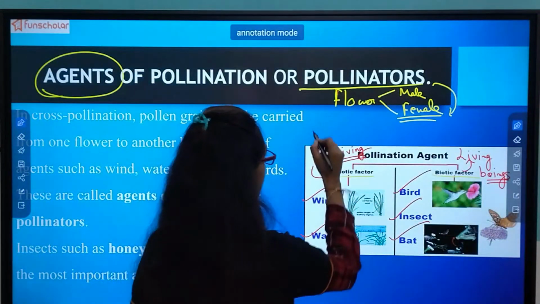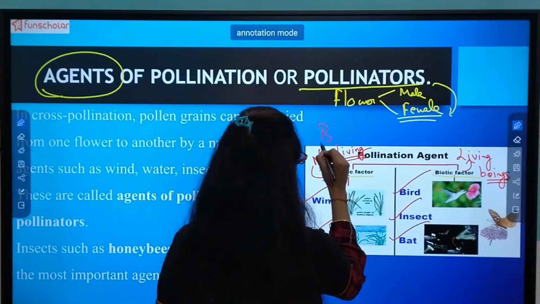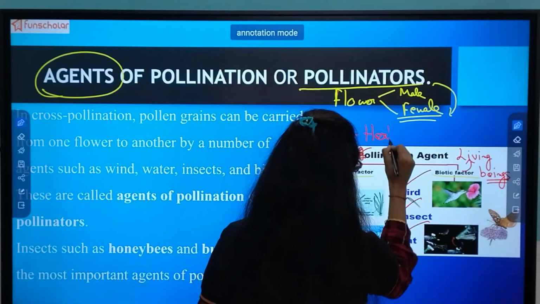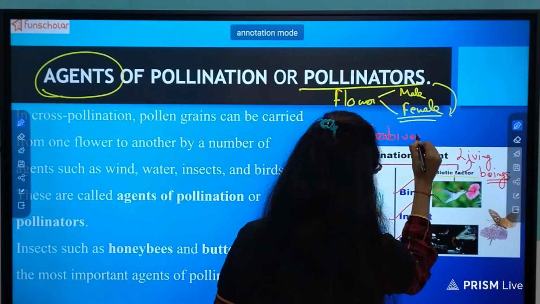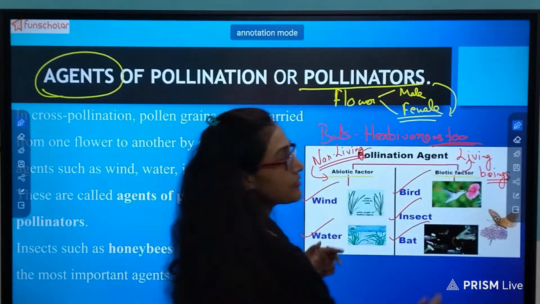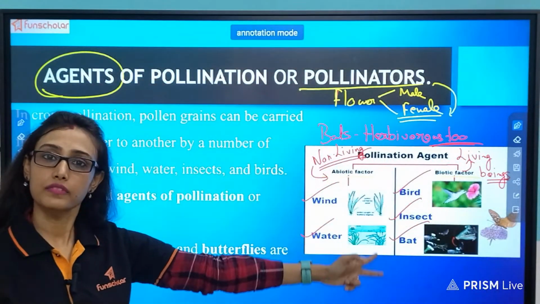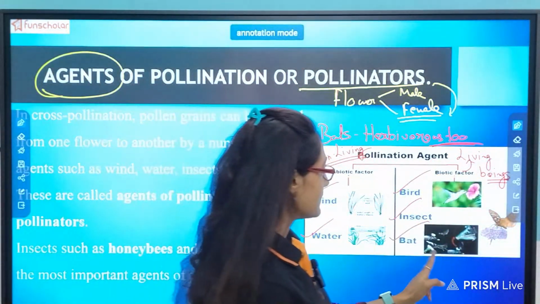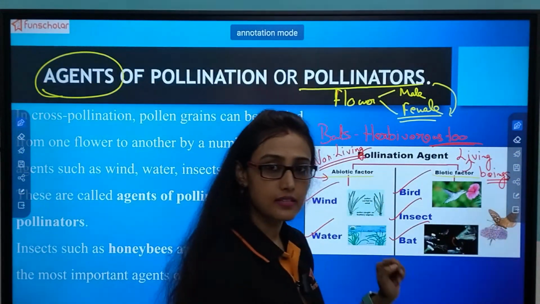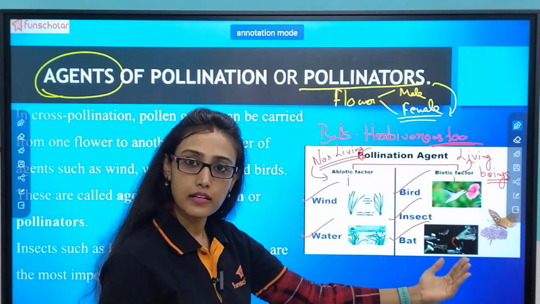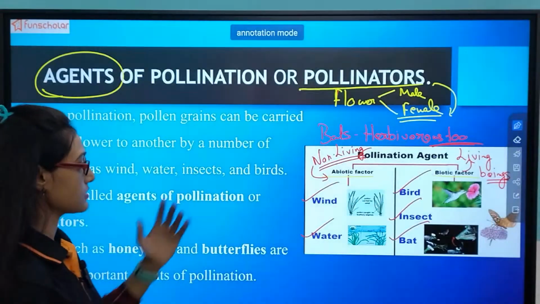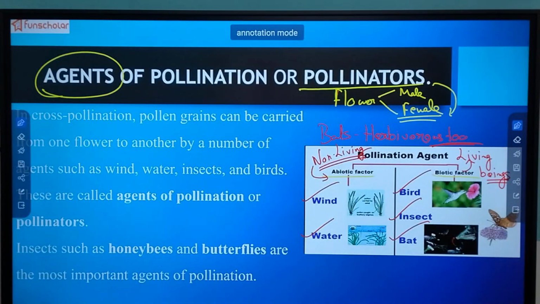There are some bats who are herbivorous too. So they feed on the nectar of the flowers. While doing that, just as birds and insects take the pollen grains, the bats also transfer the pollen grains.